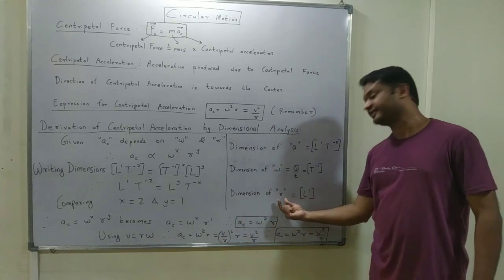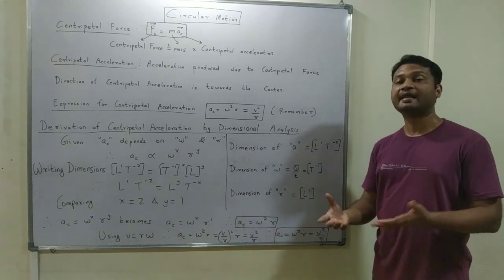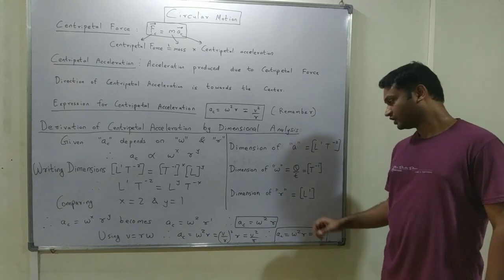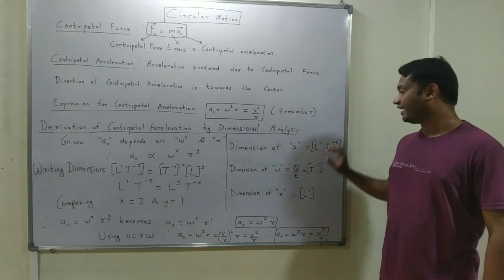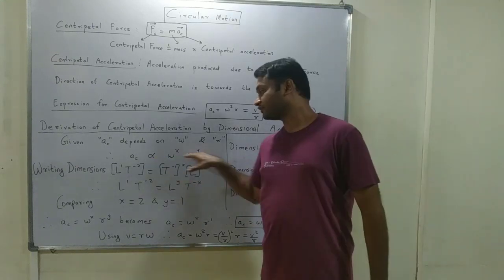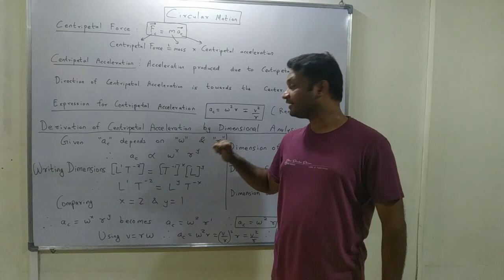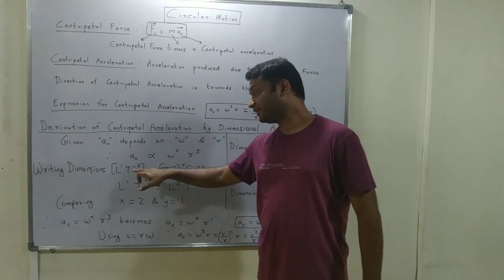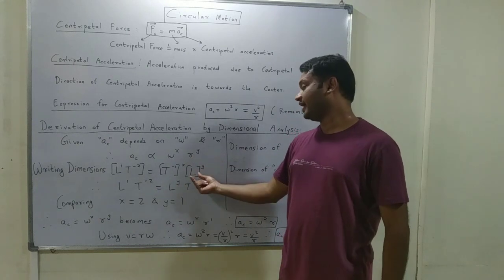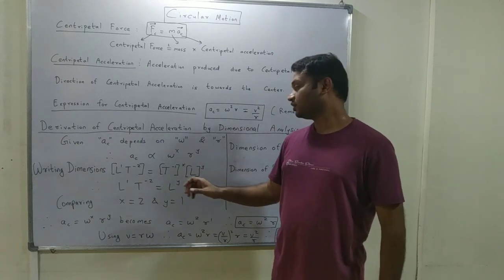The dimension of radius, radius is nothing but length. Hence, the dimension of radius is length raised to 1. Substituting the dimensions of acceleration, angular velocity and radius in the expression which we got, we get L^1 T^-2 is equal to (T^-1)^x L^y.